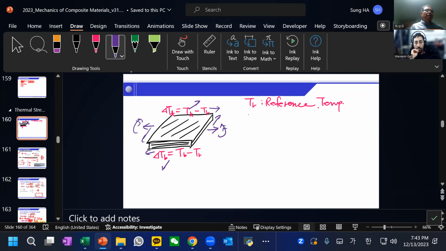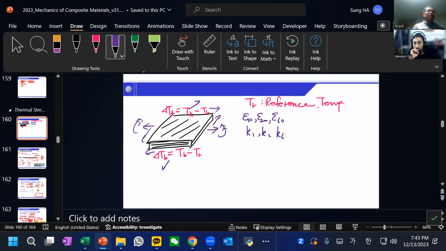So the strains epsilon 1, epsilon 2, and epsilon 6, and the curvatures, well, we usually just use K1, K2 and K6.